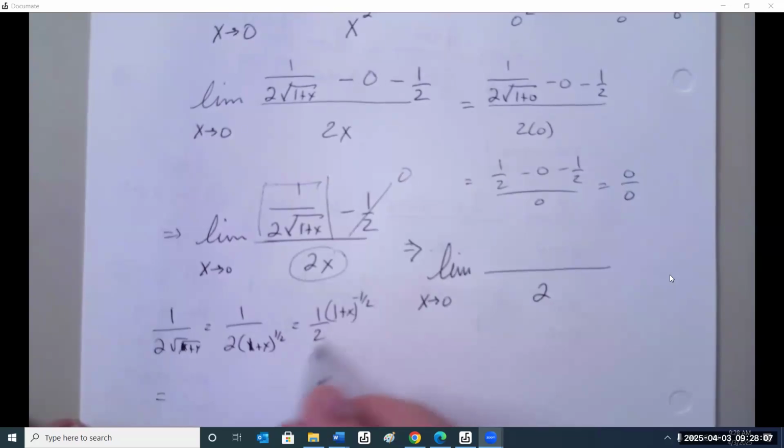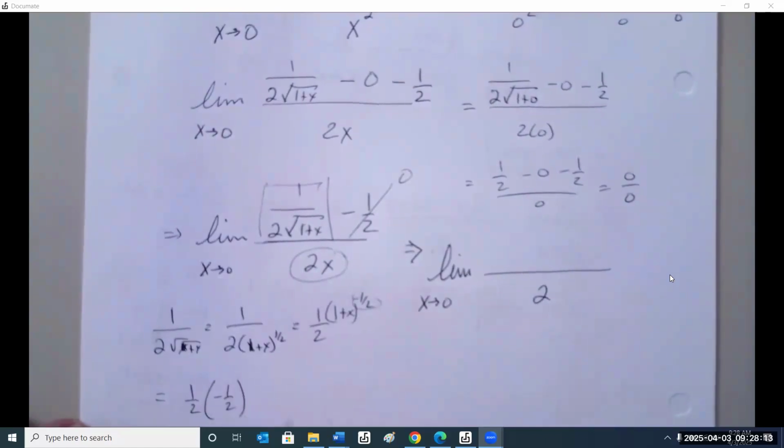Now we take a derivative of this one. Take the power, bring it down, so it's negative 1/2. And subtract 1 makes it negative 3/2.